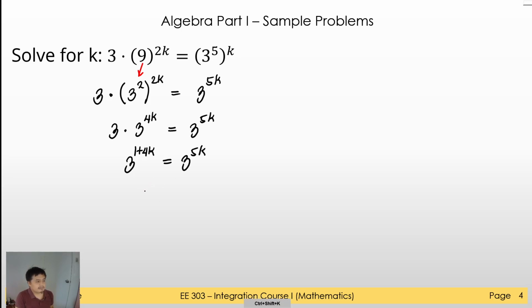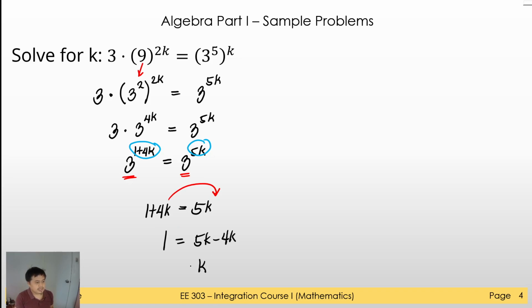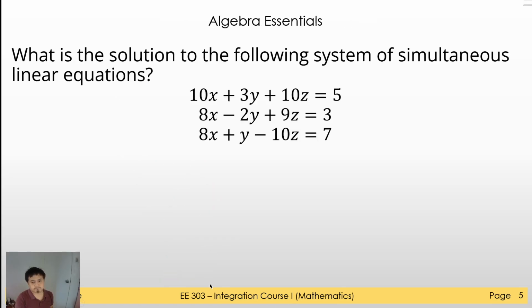Therefore, we have an equation where we can equate this 1 plus 4k and 5k. So we have 1 plus 4k is equal to 5k. As you can see, now we can transpose this 4k. So we have 1 is equal to 5k minus 4k. Therefore, k is equal to 1. So 1 is the answer.